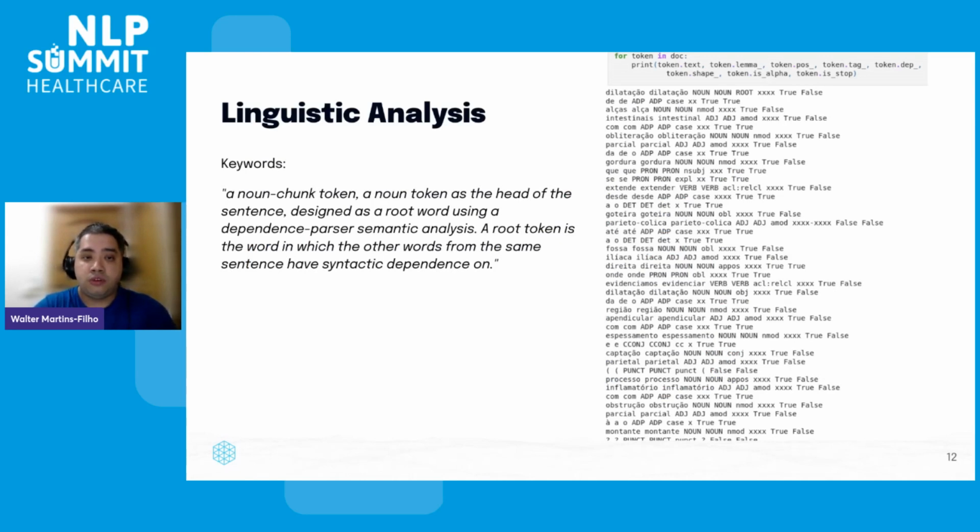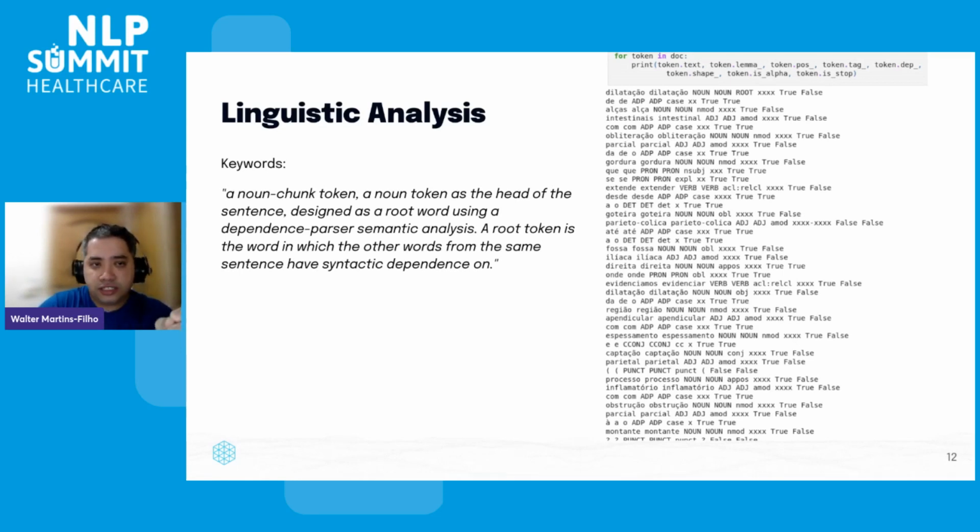So a non-chunk token that is the head of the sentences. So we have this sentence that was talking about an organ or a body location or some symptom of the disease. That is basically a noun. It's the root of the linguistic analysis of the whole sentence. So every token is associated with this primary token.